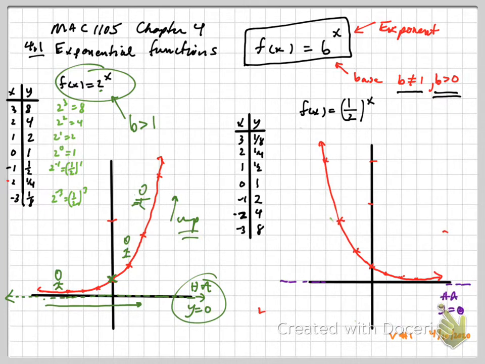You still have that point at 0, 1. It's kind of like the vertex that I'm looking for. And then guess what's going to happen to Professor Plum here? This person is going to be going downhill. So this function is decreasing, or going down.